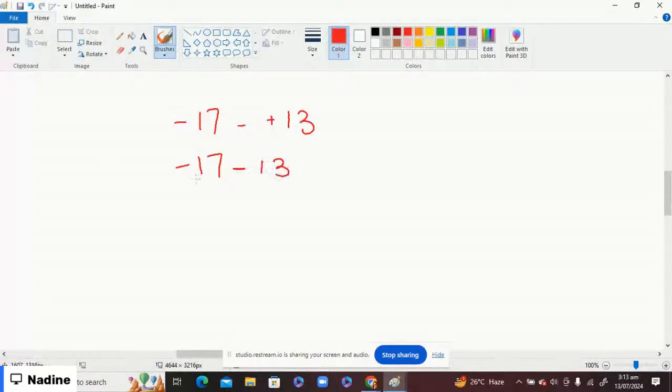If there are two minus signs, you are going to add up, because minus minus becomes plus. So 17 plus 13, what's the answer? That is 30. But with the 30, which sign are you going to put? The sign with the greatest number is negative, so you are going to put a negative sign with it.